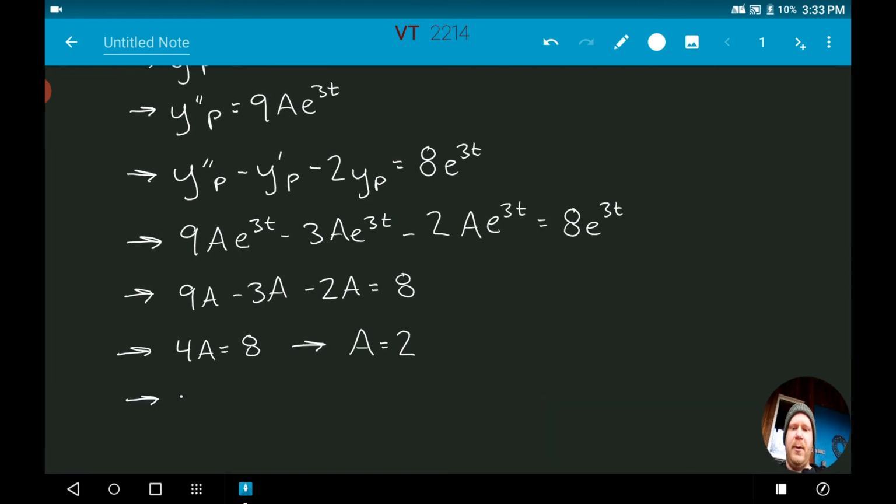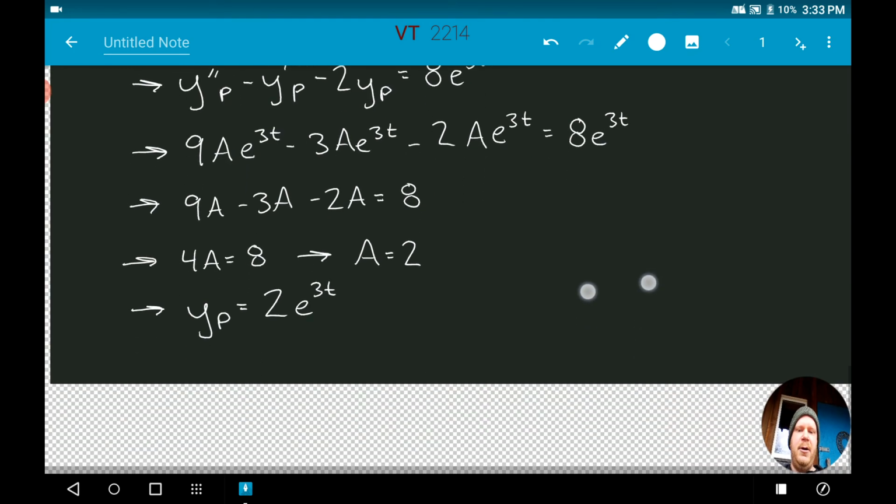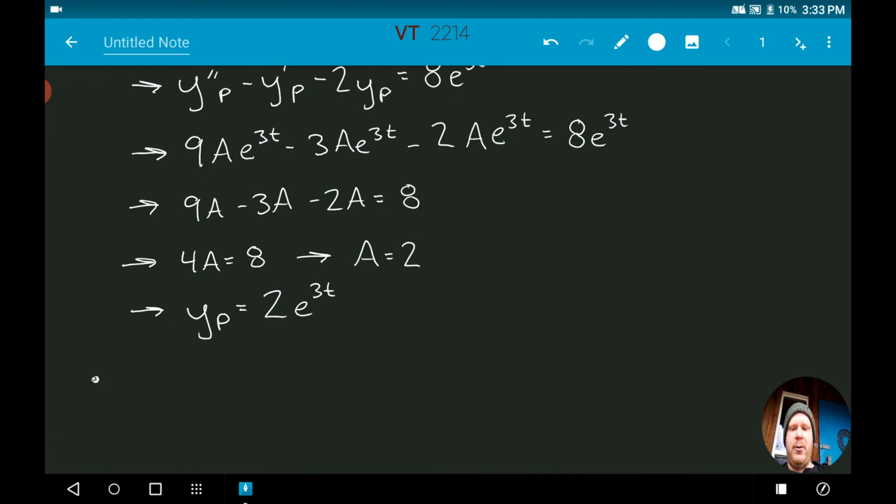That a was originally from my particular solution, so yp is going to be equal to 2 times e to the 3t, since that was my form. The next step is just saying y is yc plus yp.